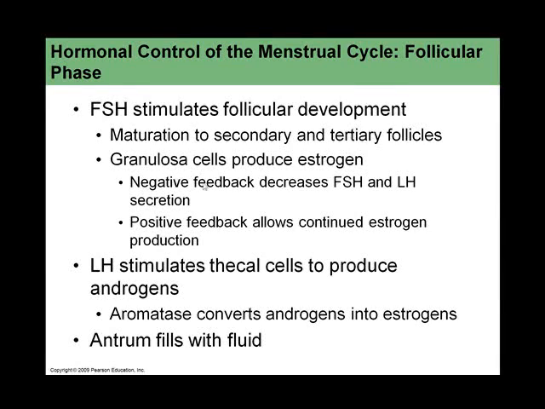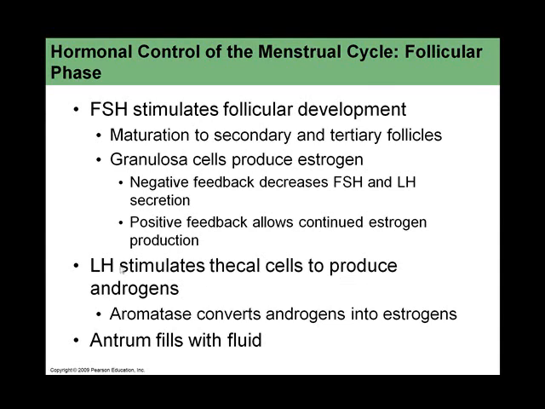But anyway, it's just fine to add thecal cells. Granulosa thecal cells contribute to the production of the estrogen, and the negative feedback will decrease the FSH and LH secretion, and then there's the switch to the positive feedback that allows the continued estrogen production.